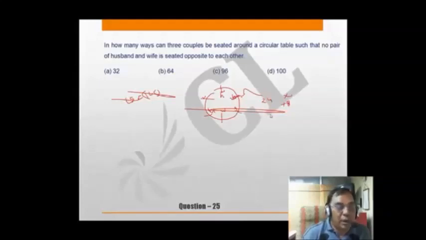No, I'm not even solving it much because already I've subtracted out of 120. I've already subtracted more than 24 cases where husband-wife can be sitting opposite each other. So my only probable option is 64.